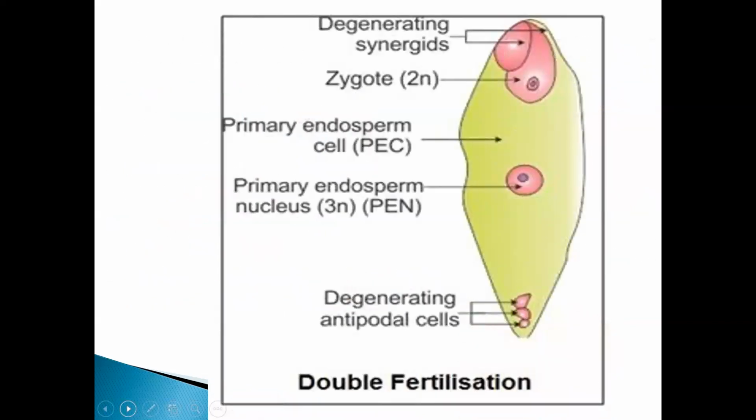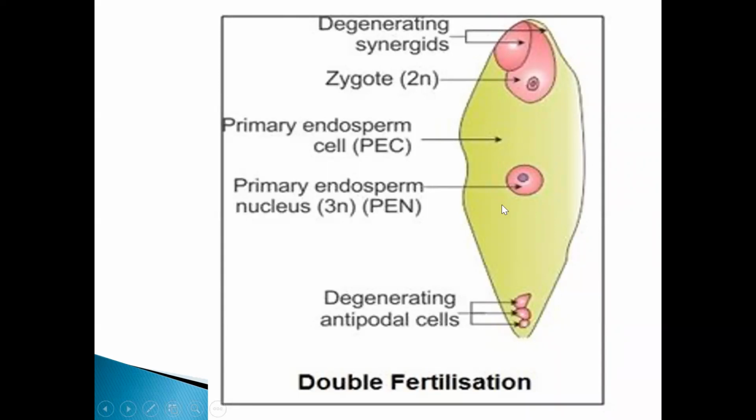This is about double fertilization, students. You all know what happens here. When the pollen tube enters the synergids through the filiform apparatus, the male gametes move in. One male gamete fertilizes the egg, and another fertilizes the polar nuclei present in the central cell.